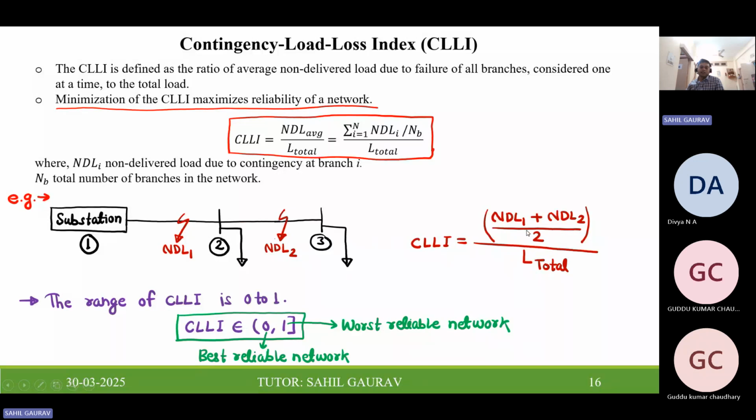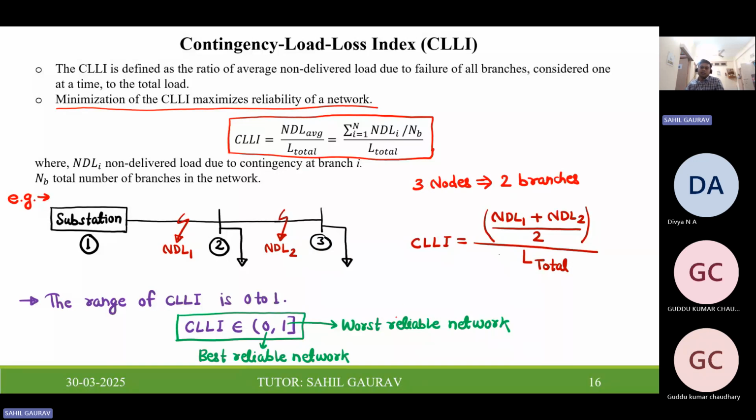Now we have to take the average of non-delivered load, so NDL1 plus NDL2 upon NB, NB being the total number of branches. Here there are three nodes, and three nodes means there are two branches. So the number of branches equals the number of nodes minus 1.